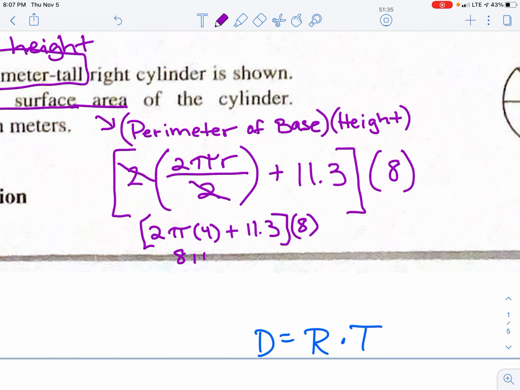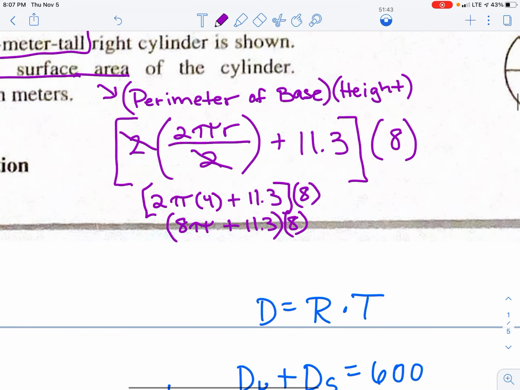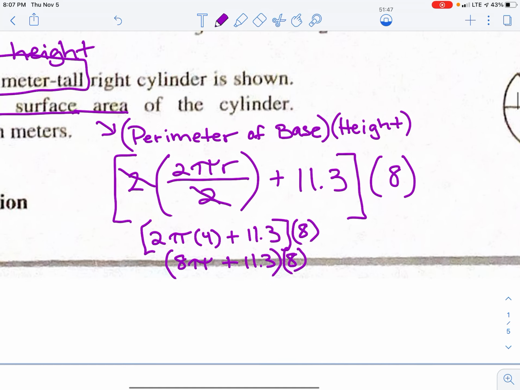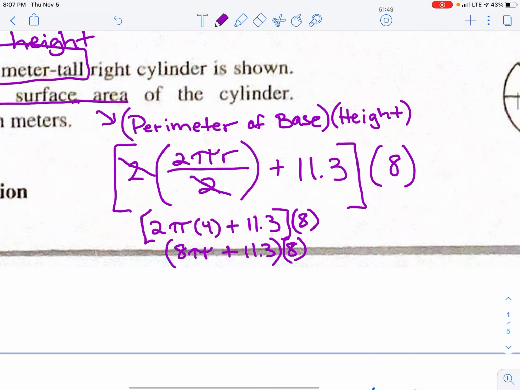So what do I have here? I have 8 pi plus 11.3 times 8. I'm going to put 3.14 in for pi. So I'm going to have 8 times 3.14 plus 11.3, and all of that is going to be multiplied by 8.